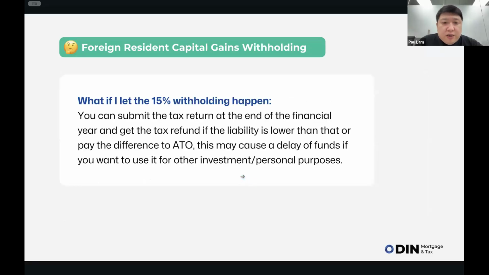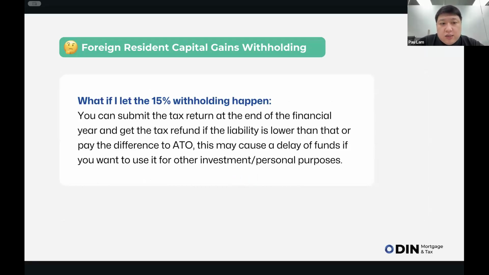Some people are in a hurry because they only realize this when really getting close to the settlement date. They have been trying to get their solicitor to do the clearance certificate, which eventually gets rejected because they are non-residents, and the clearance certificate does not apply to non-residents. If that happens, you would just need to let the ATO take that 15% tax at the settlement.